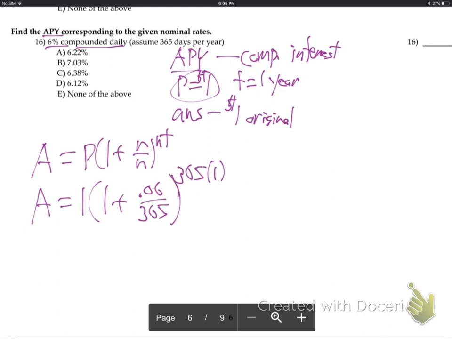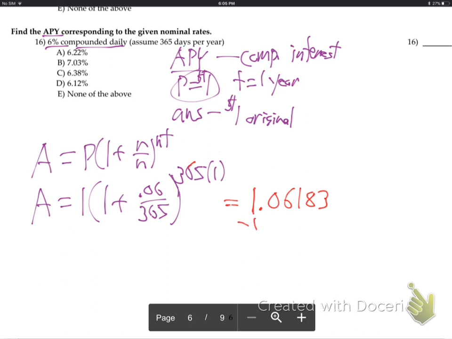And there we go. Let's crank that out. So 1 plus 0.06 divided by 365 to the power 365. So I'm getting 1.06183.